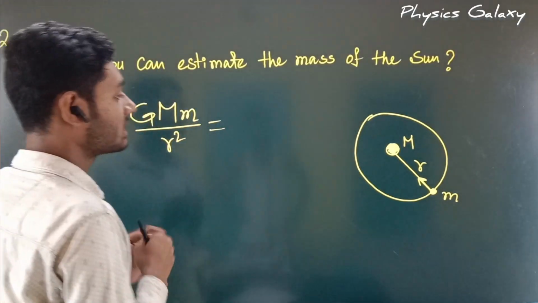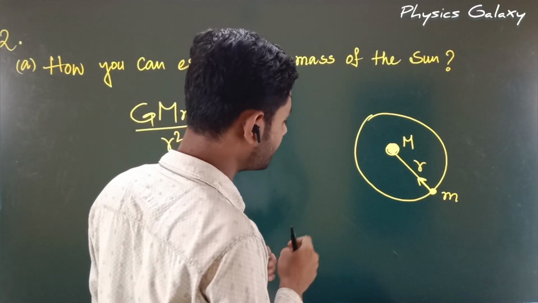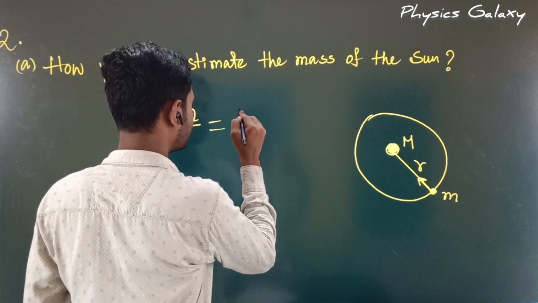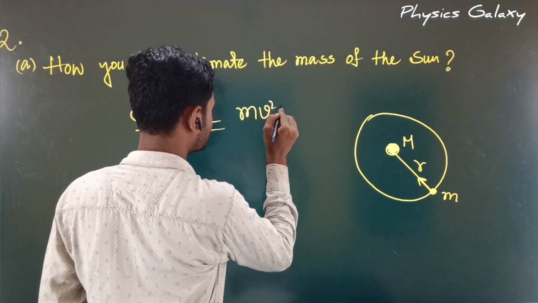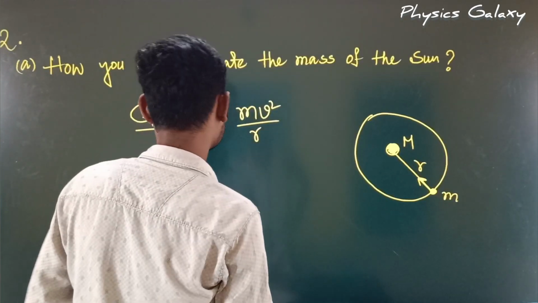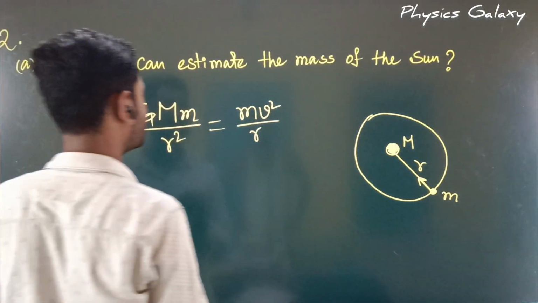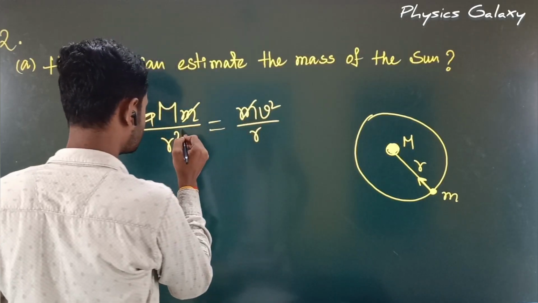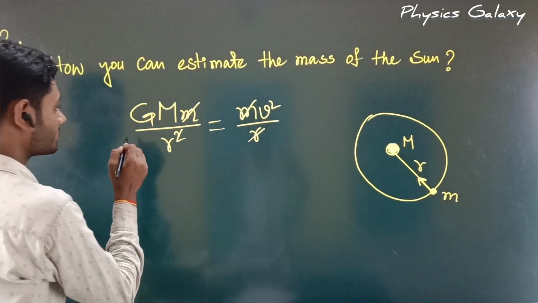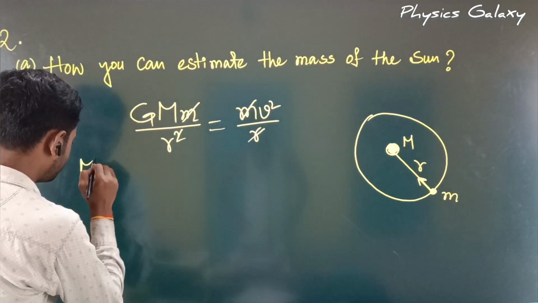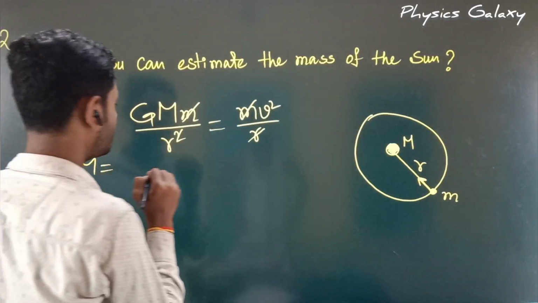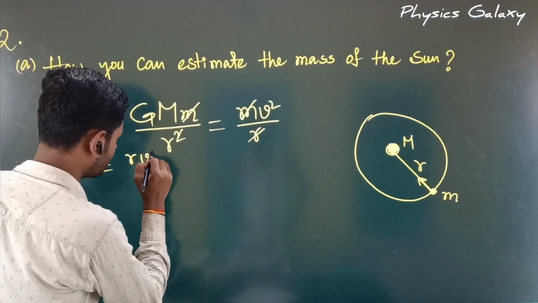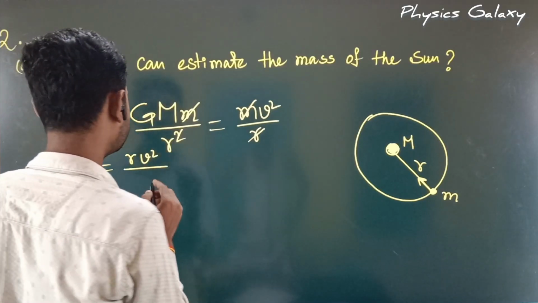That provides the centripetal force, and that is equal to m v square by r. So from here, the mass of the sun, capital M, is equal to r v square divided by G.